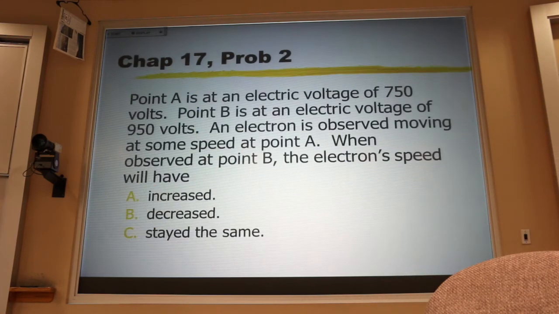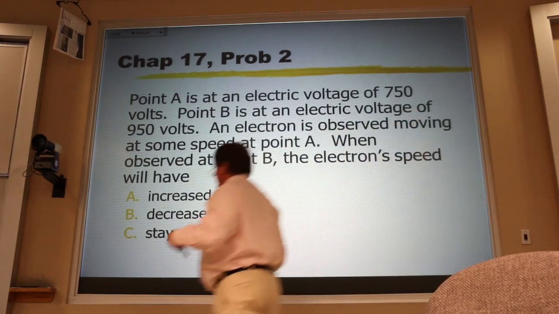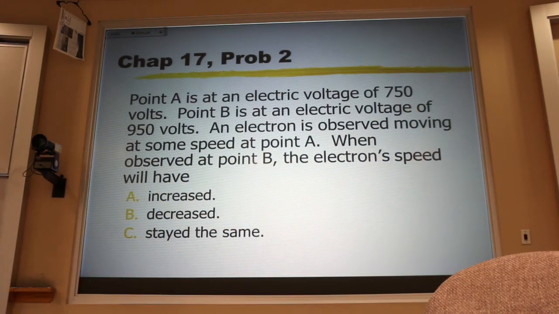Okay, let's look at this problem that you turned in. You have point A. Let's reset the problem. You have point A that has a voltage of 750 volts. And B has a voltage of 950 volts.